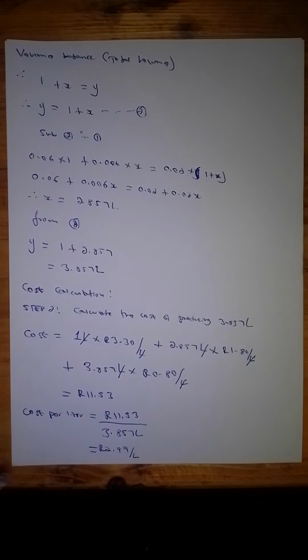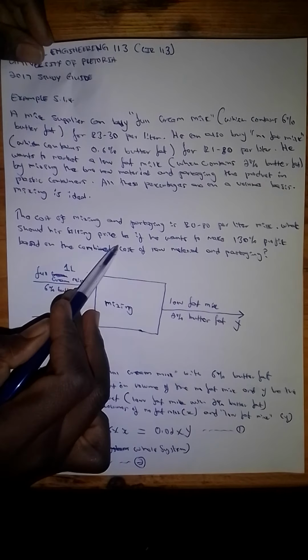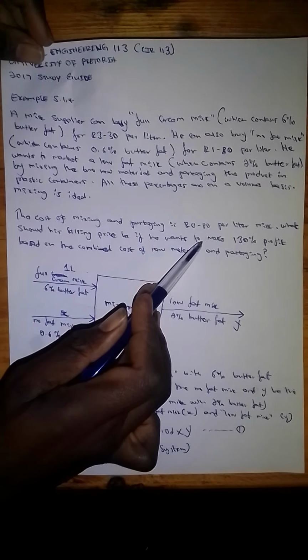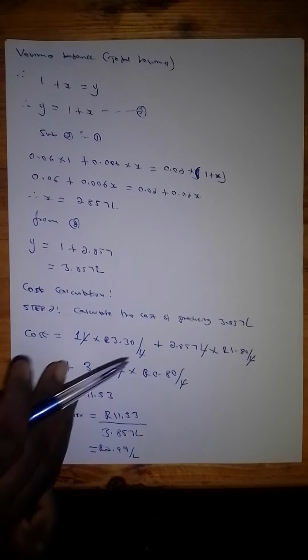Now that we calculated the cost per liter, remember the question is, what is the selling price if he wants to make a profit of 130%? So now we calculate the selling price. Selling price equals production cost plus profit.